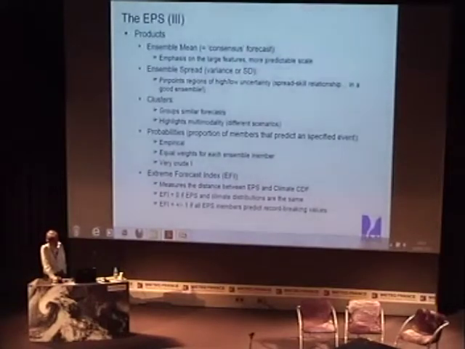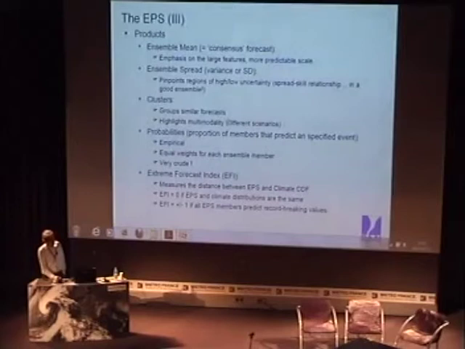To assess forecast uncertainty, you can look at, for example, the ensemble mean, which is a kind of consensus, the forecast from which you are least likely to depart when you observe later. The ensemble spread gives you an estimate, if your ensemble is well calibrated, of regions of high and low uncertainty.